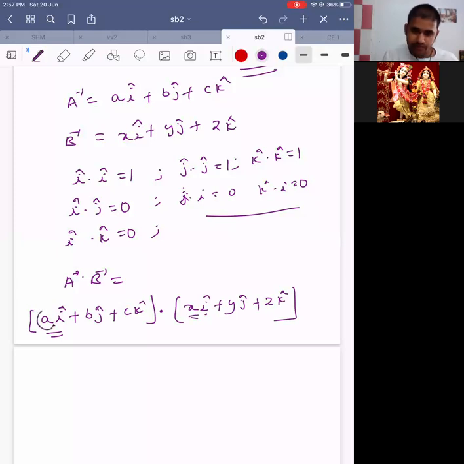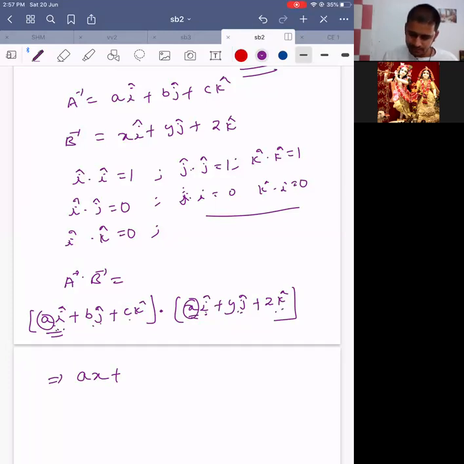So the constants before i are a and x, so the value will be a into x. i dot j would be 0, i dot k would be 0. For the remaining, we only multiply i with i, j with j, k with k.